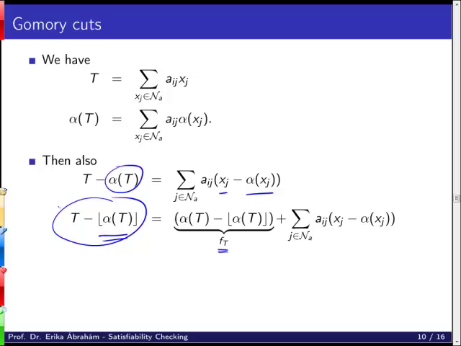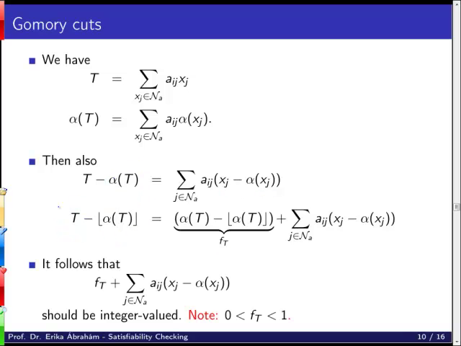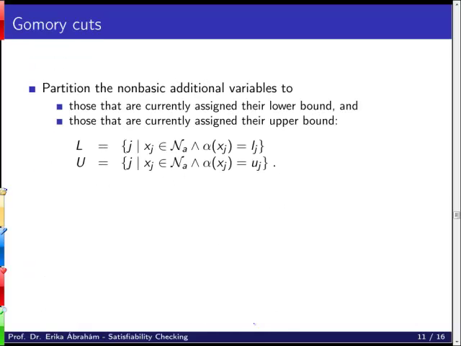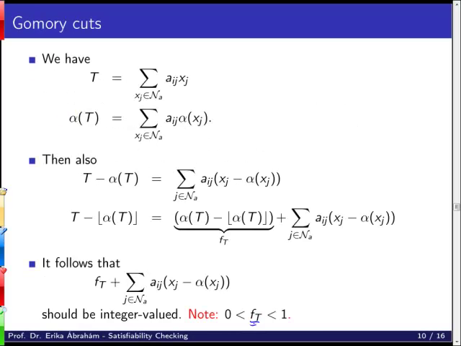I know that the right-hand side should be integer, and I can just state that this should be an integer, and since ft is between 0 and 1, I even know that this sum should also be a fraction in order to be an integer.